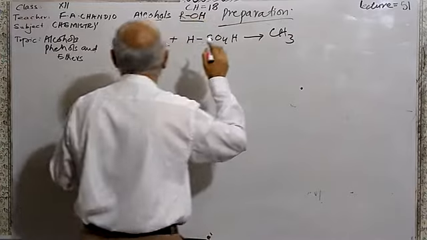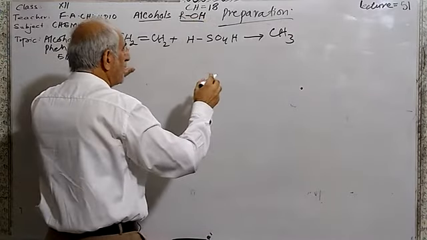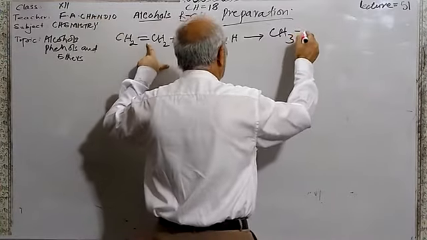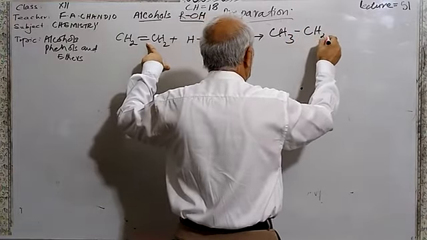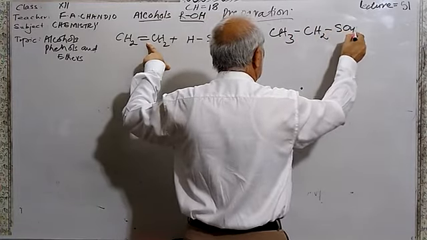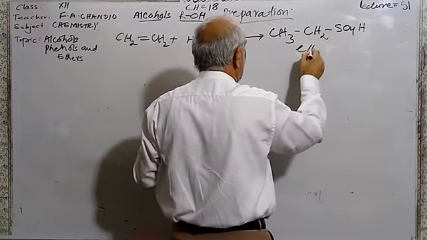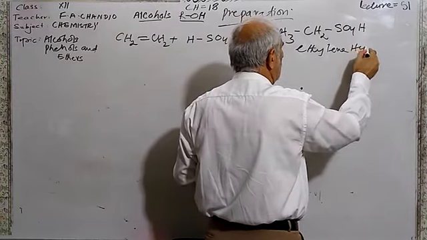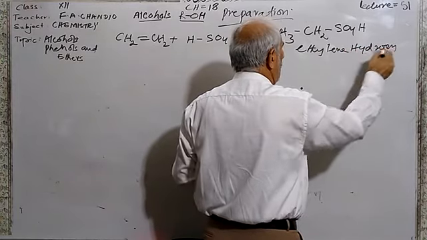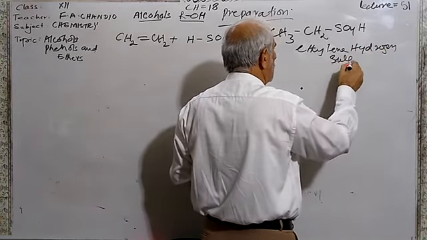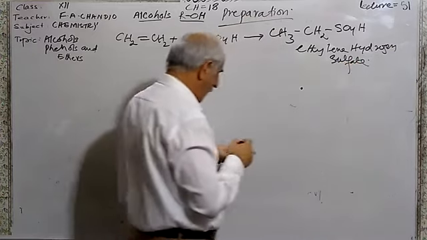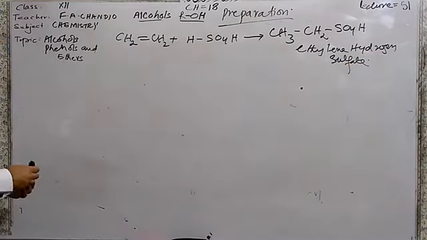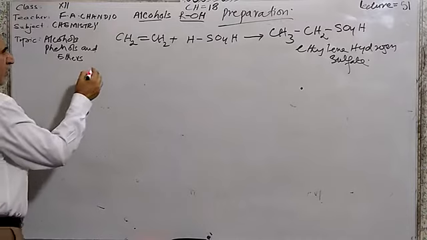So you will get CH3-CH2-SO4H. This is ethyl hydrogen sulfate, an intermediate product, and then there is a hydrolysis.